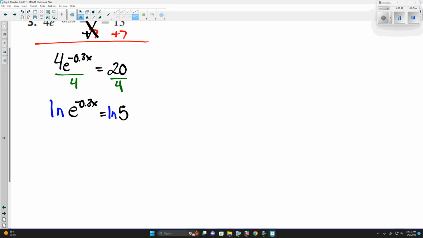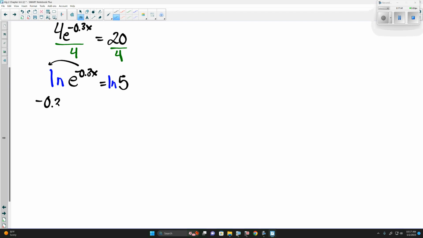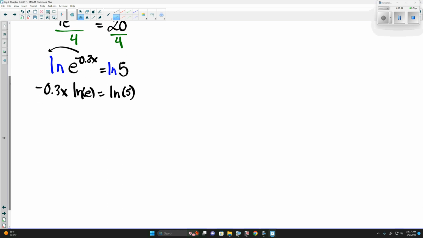So if we apply the natural log to both sides, the properties of logarithms still hold true. The negative 0.3x is moved to the front, and we have it multiplied by ln of e is equal to the natural log of 5. But the natural log of e is 1, so it's really just telling us that we have negative 0.3x is equal to the natural log of 5.